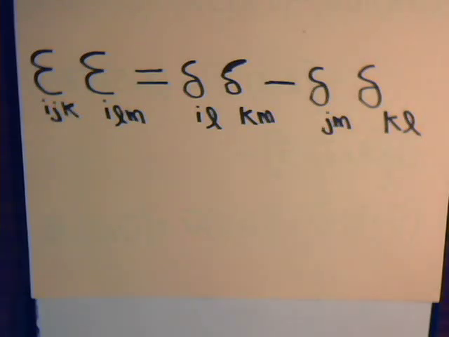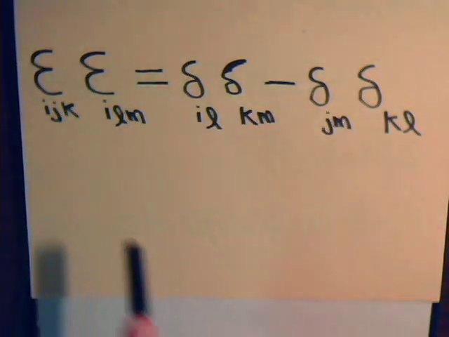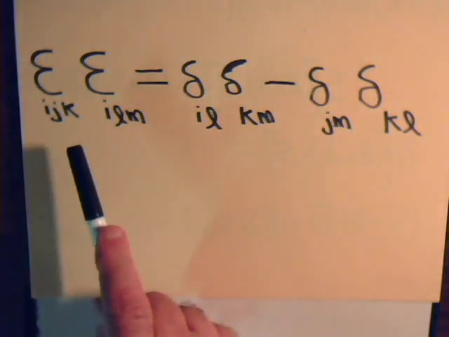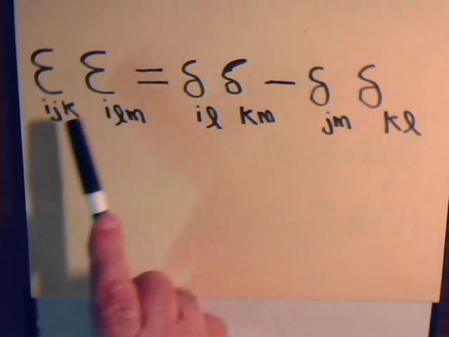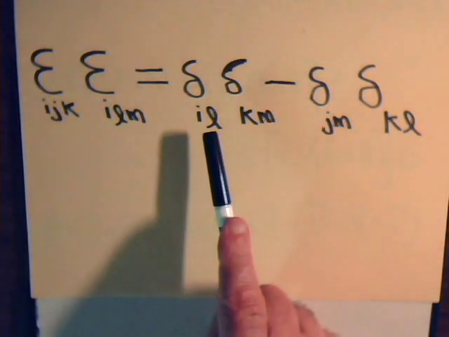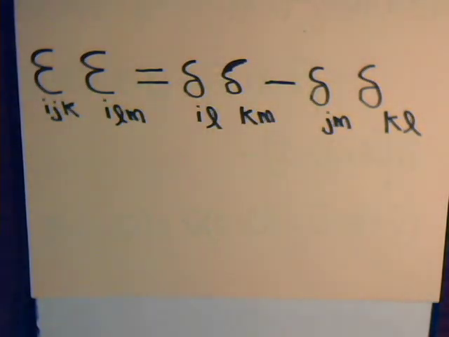In this vector series, we're going to develop a technique that is very useful to solve complicated vector identities. The whole technique really hinges upon this particular identity here: on this side of the equation we have the epsilon permutation symbol, and on this side we have the Kronecker delta symbol.